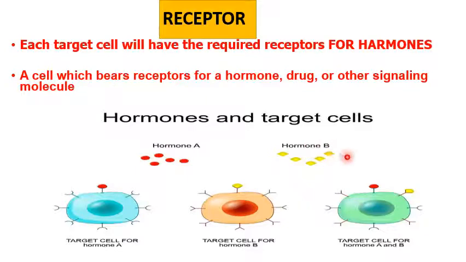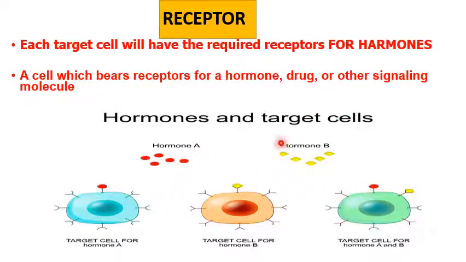And here you can see another hormone B of a different shape. Here you can see a diamond-shaped hormone B which has a receptor binding site on another target cell.